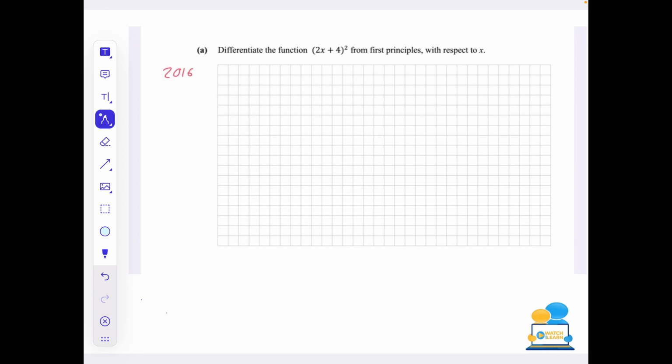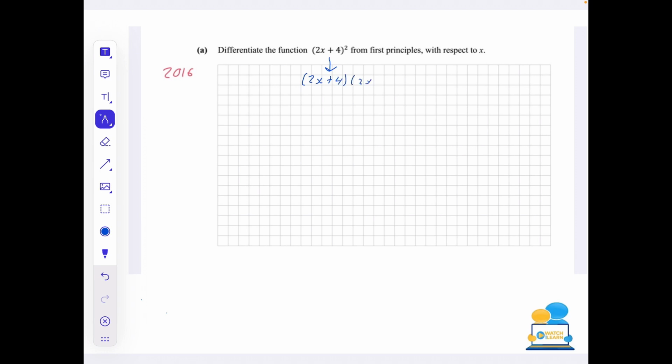Okay, just looking at this question now, you should notice something a little bit different about it. On first glance, I can see that it doesn't look like a nice one. It's all in a bracket and it's to be squared, but it's a relatively easy problem to fix.